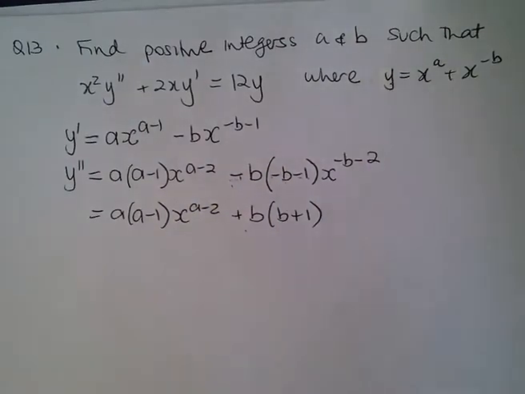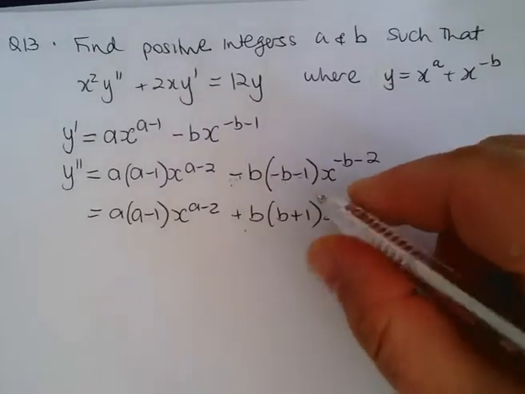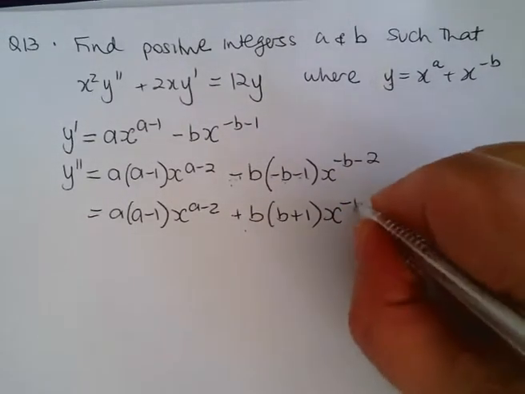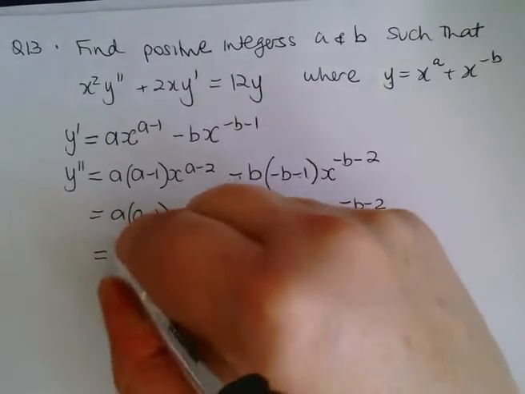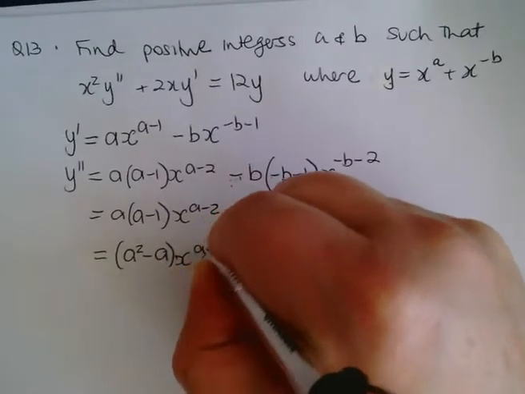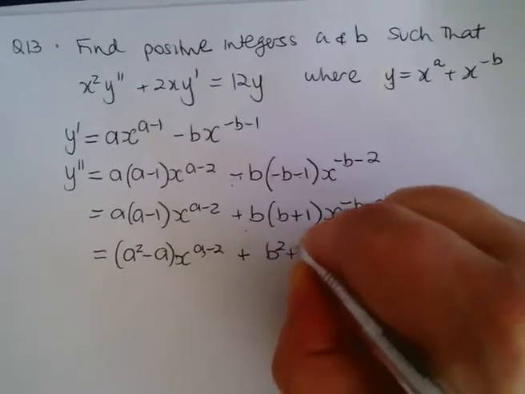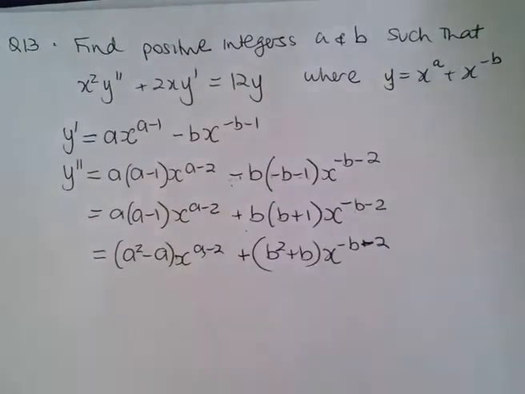You can expand, and I'm going to put x to the negative b minus 2, or negative bracket b plus 2. Yes, we can expand if we want. Let's do that: a squared minus a, x to the a minus 2, plus b squared plus b, x to the negative b minus 2.